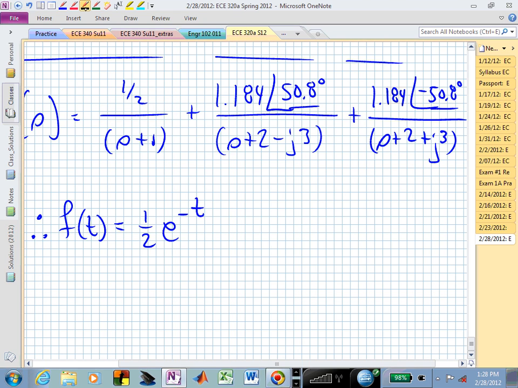Now what's the next term look like? If you just needed to qualitatively explain this to somebody, once you have these complex poles, what do you know they look like in the time domain? Decaying sinusoids. What are the frequencies of those? What's the damped frequency?